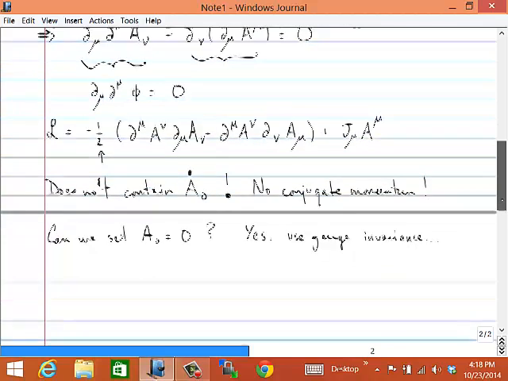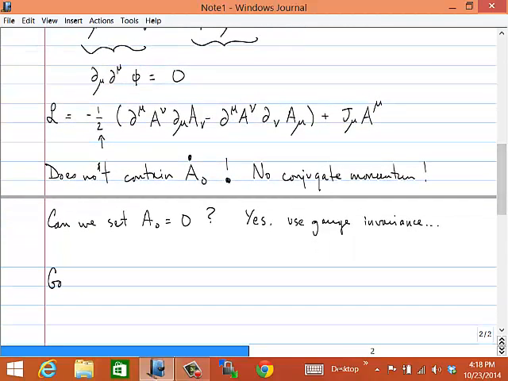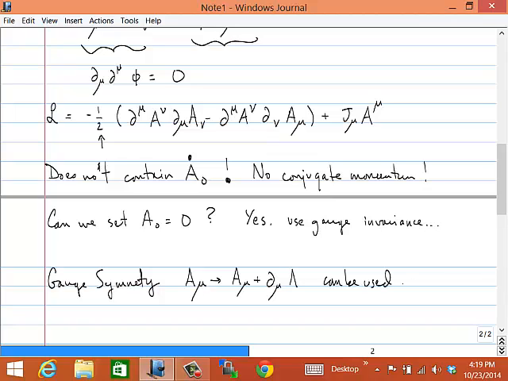So how does that work? Well, the basic idea is that gauge symmetry, that is to say, the symmetry of the equations of motion under the shift of A by a total derivative, can be used to simplify the equations of motion, and in particular to remove degrees of freedom from the theory.